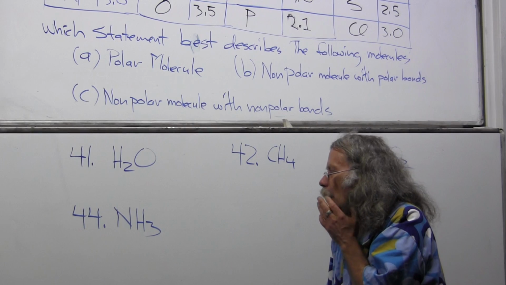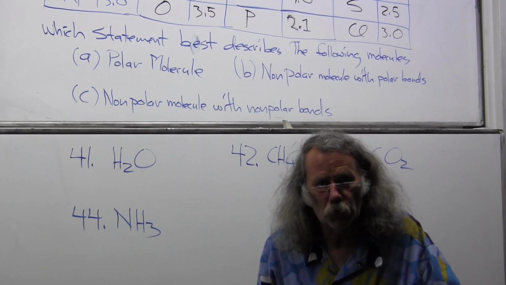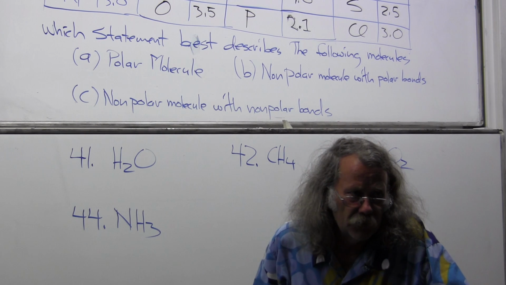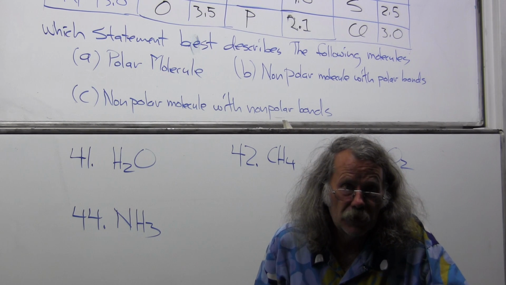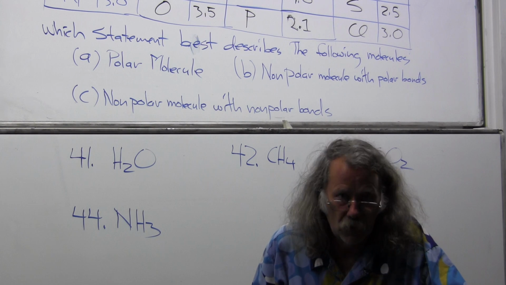And what is the criteria for a polar bond? The electronegativity difference between each bonding pair has to be greater than 0.4. If it's greater than that, we have a polar bond.